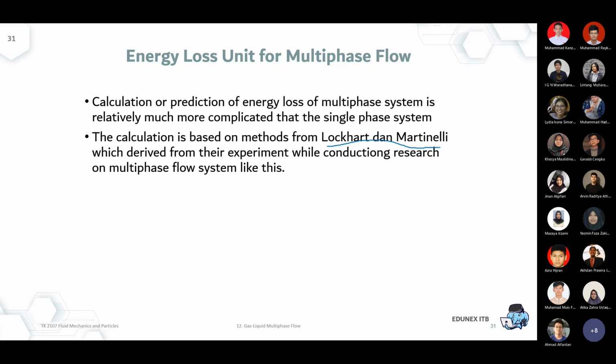Later it was updated, and a lot of other more complex methodologies have been developed to give better accuracy. But for undergrad students, because of the simplicity of this calculation, we only ask you to understand Lockhart-Martinelli, to understand the concept and the examples of pressure drop calculation for multi-phase flow.